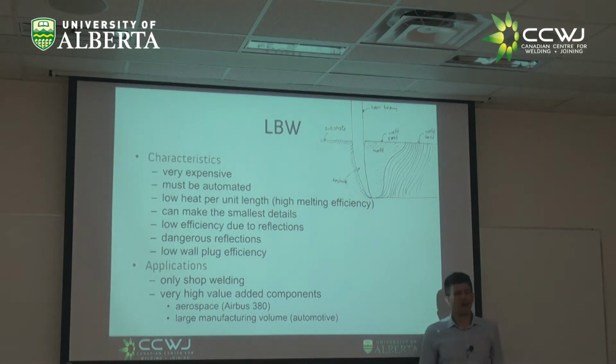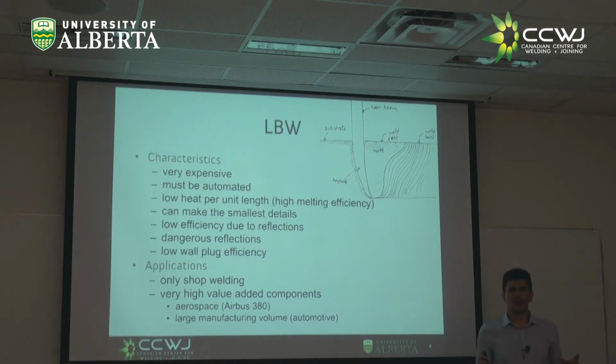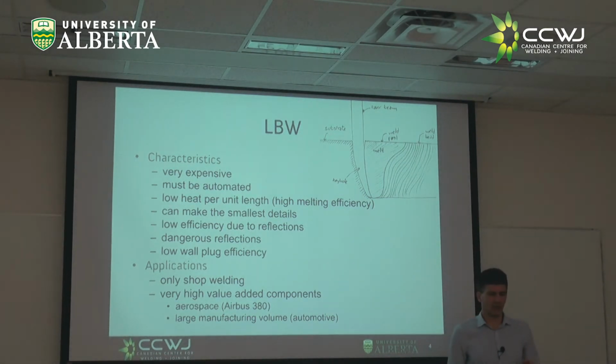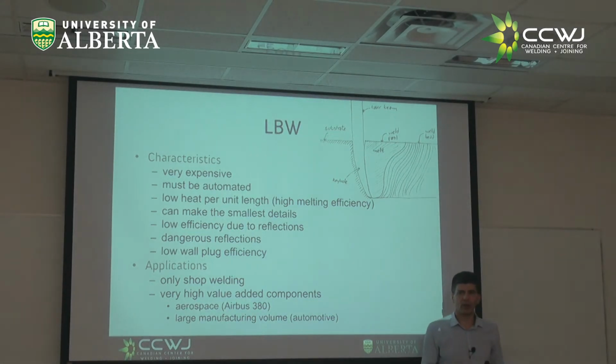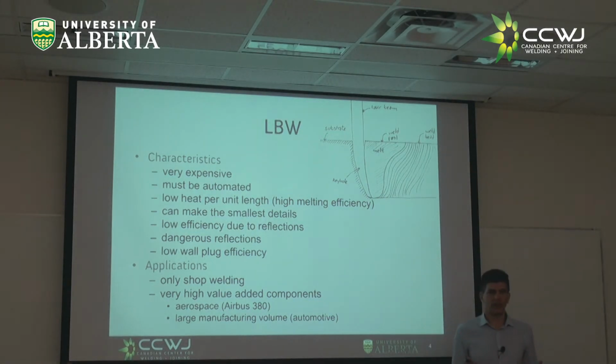Or automotive, in which the car is not so expensive, but you're making millions of cars, and you're turning them out like sausages. You cannot afford to have a defect that stops the line, and you cannot afford to be welding slowly. In this province, because we typically do oil and gas, we weld very slowly, and we charge very high premiums.